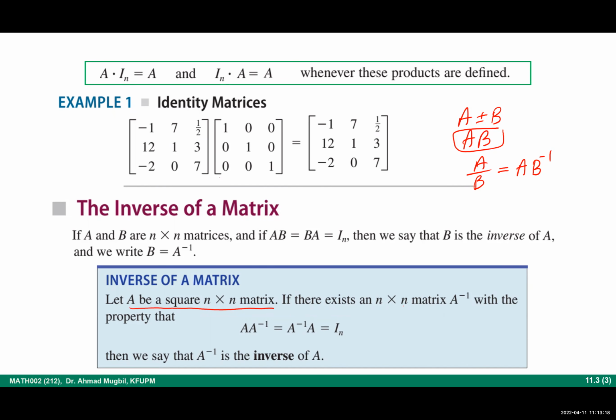If there exists an n by n matrix, let's denote it by A inverse, and the product of A and A inverse is equal to the identity, then this is the inverse. Why did we say here "if there exists"? Because not all the matrices have an inverse, as we will see.